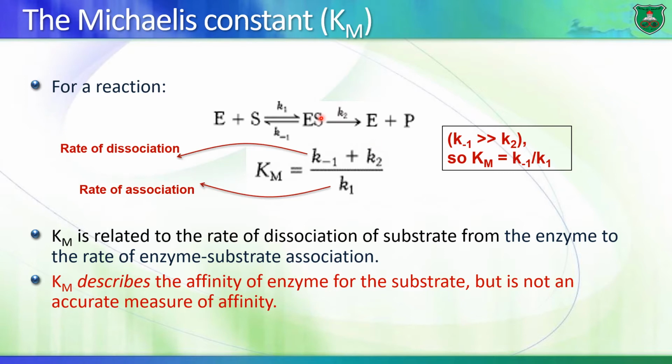Because once you have a substrate bound to an enzyme, the enzymatic reaction is really fast. So the limiting factor really is having the substrate bind to the enzyme. So usually K minus 1 is much higher than K2. So in this case, Km would be equal to, in fact, K minus 1 over K1.